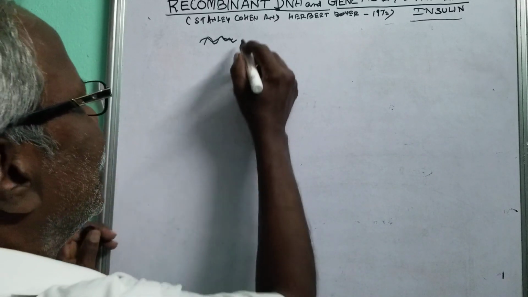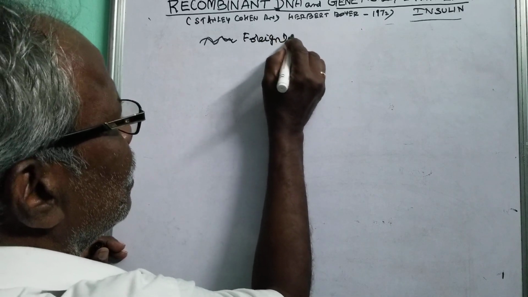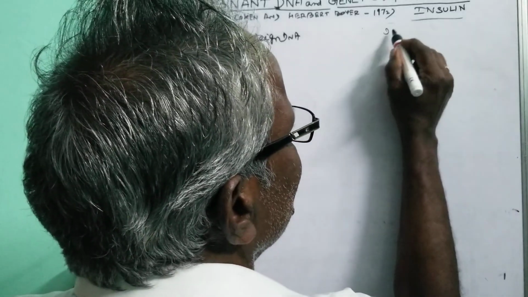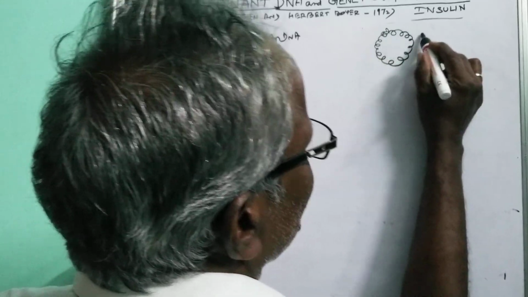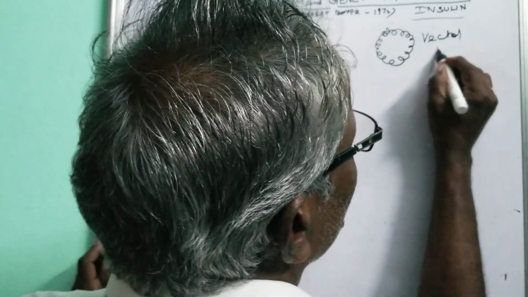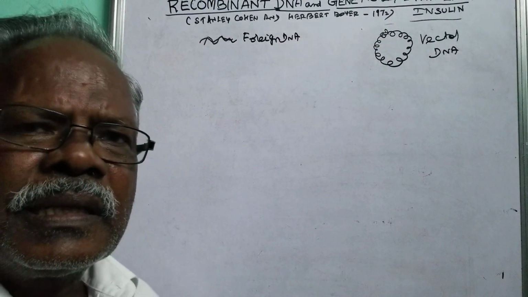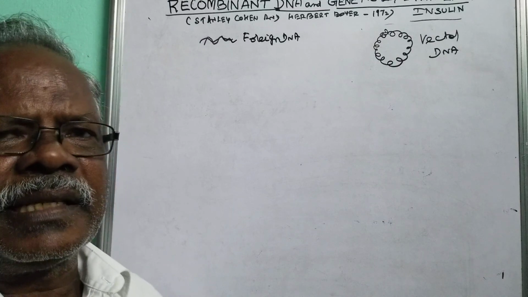So this foreign DNA, and then here the vector DNA. Vector DNA is nothing but the carrier. Vector means the carrier gene.